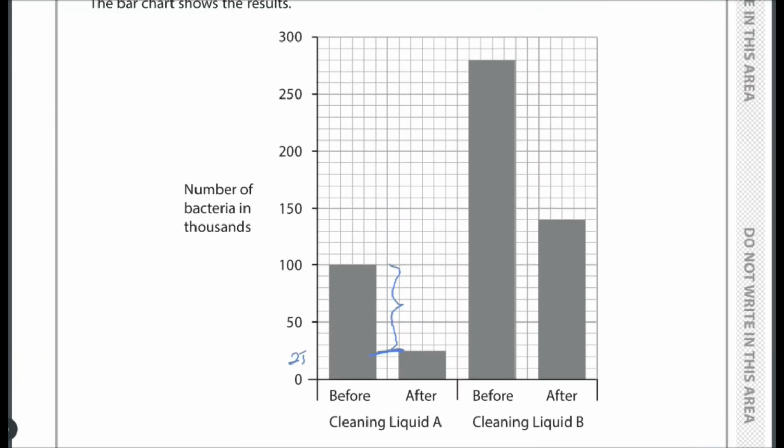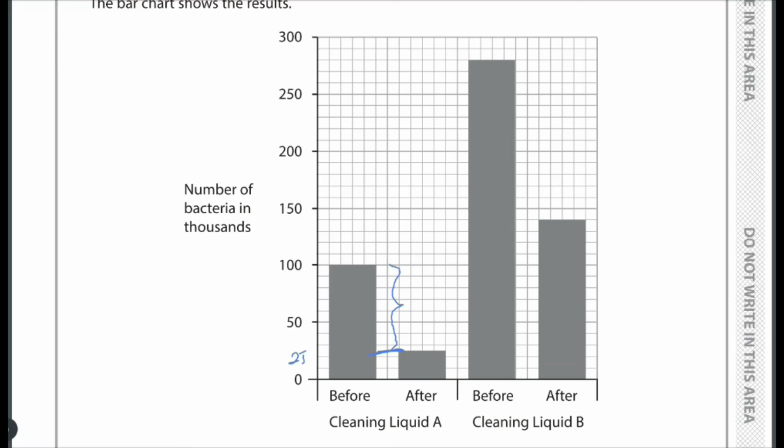Now, if you look at these two charts, you can see that after cleaning with cleaning liquid B, there's a higher amount compared with cleaning liquid A. But the thing is, on the tabletop where cleaning liquid A is used, the amount of bacteria initially available is less compared with the second tabletop. So in the second one, you can see it's around 280,000 and it has dropped to 140,000.